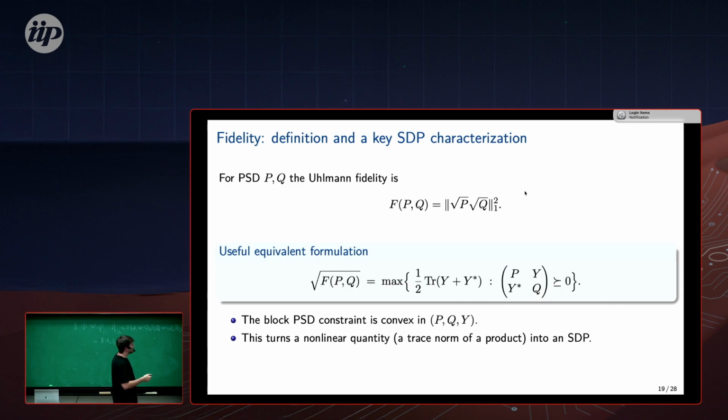Now, we showed that the fidelity can be expressed in terms of an SDP. So in some sense, we have to optimize this thing over here once we apply maps to P and Q, right? So this will combine well with other linear maps as well.